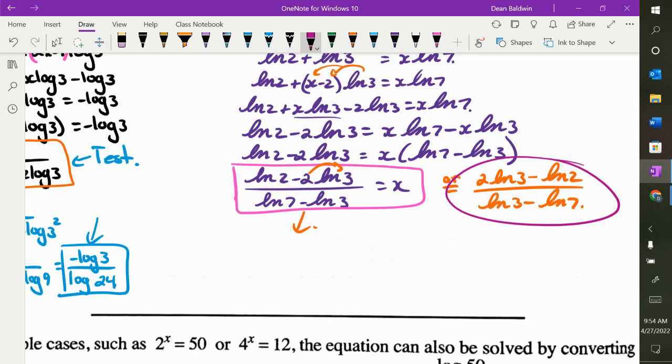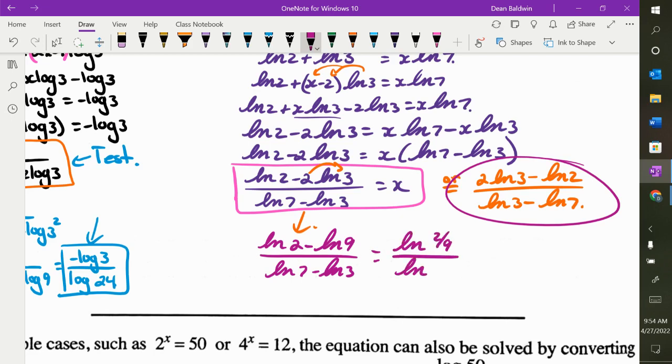So I move that 2 up, and I get natural log of 2 minus natural log of 9 over natural log of 7 minus natural log of 3. And the only other thing you can do is, because they are being subtracted, that means you're dividing the arguments. So you would write natural log of 2 over 9 divided by the natural log of 7 over 3.